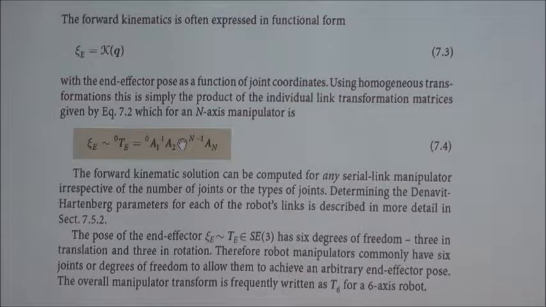Remember that? I showed you a list of those. So you're talking about 6 times 4, 24 matrices are multiplied here to go from base to the end effector. That's the forward kinematic. It's not very difficult because all you need to do is multiply a bunch of matrices. And that's what MATLAB does perfectly. Okay. So this is the forward kinematic problem.